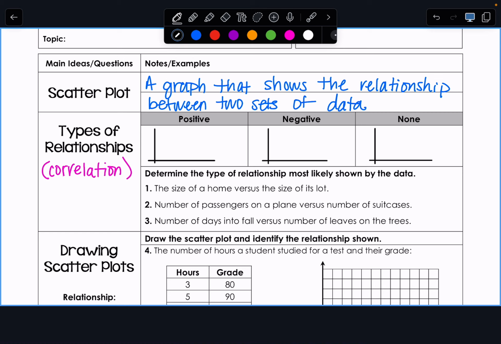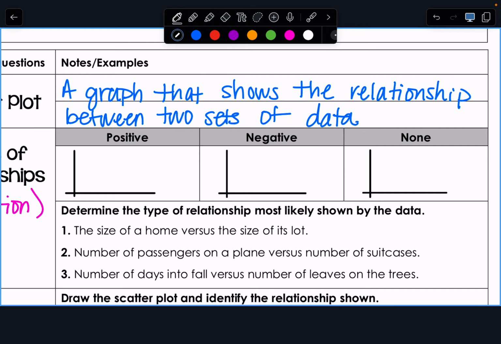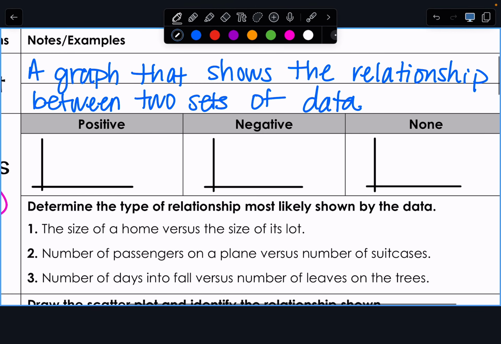So if I'm graphing a set of data that I have collected, it is not going to be perfect. That's part of collecting data, okay? But it's going to resemble a line, maybe, or maybe there's no relationship at all, okay?